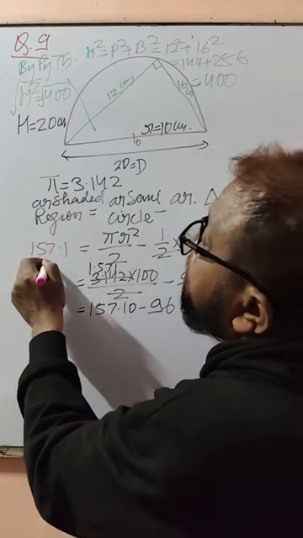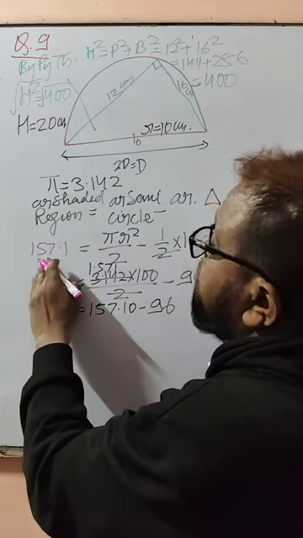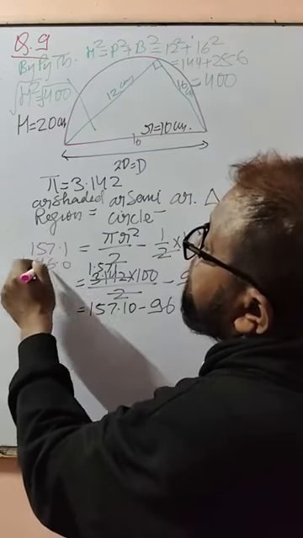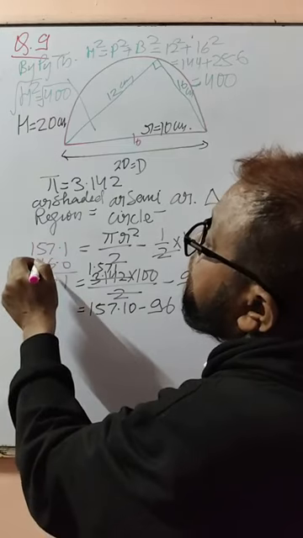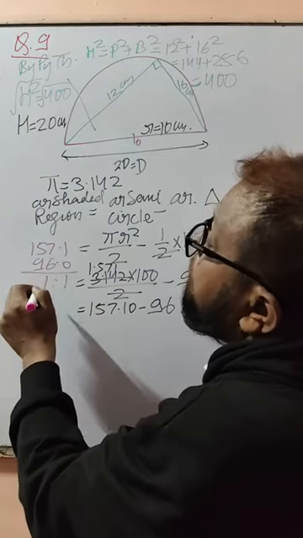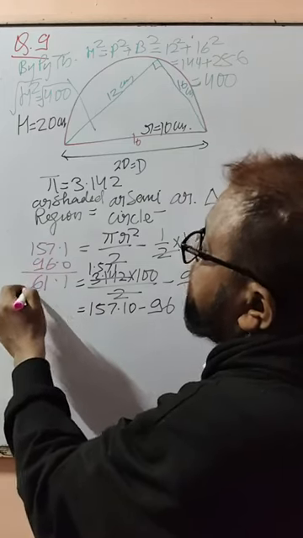157.1 minus 96.0. 7 minus 6 becomes 1. 15 minus 6, 9 becomes 6.